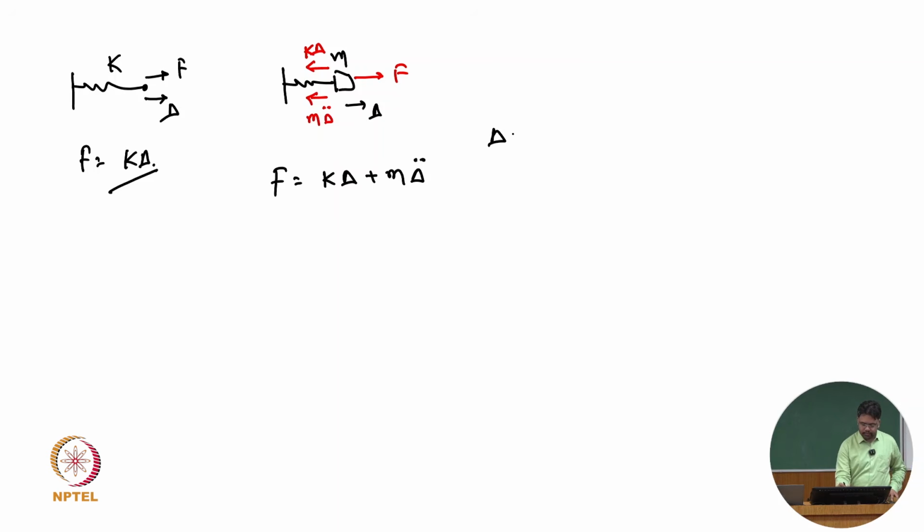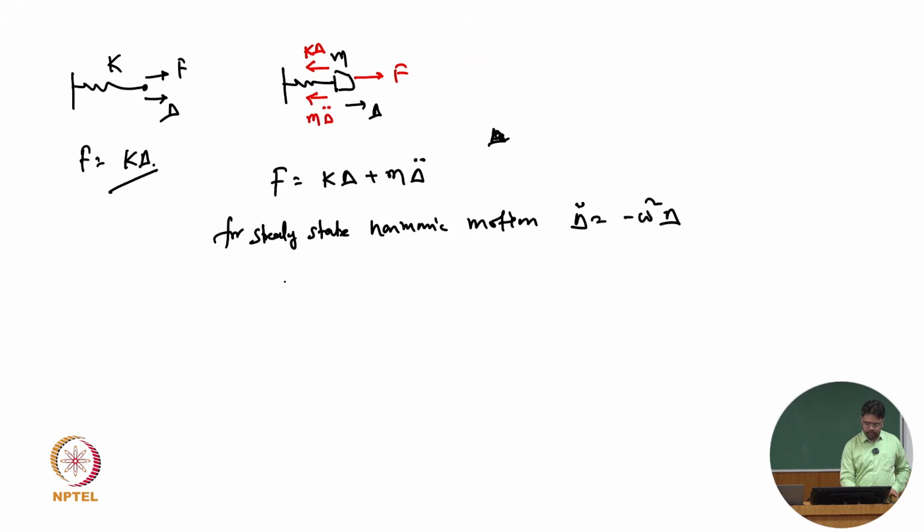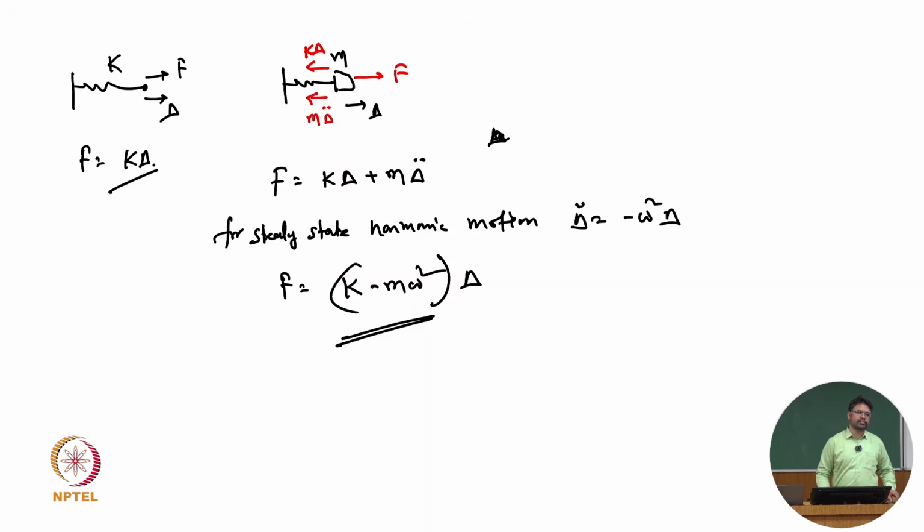Now you can think that for steady state, like harmonic motion, delta double dot will be minus omega square into delta. So what can I write? K minus m omega square into delta. So now you think, what is your stiffness now? Now that becomes your stiffness.